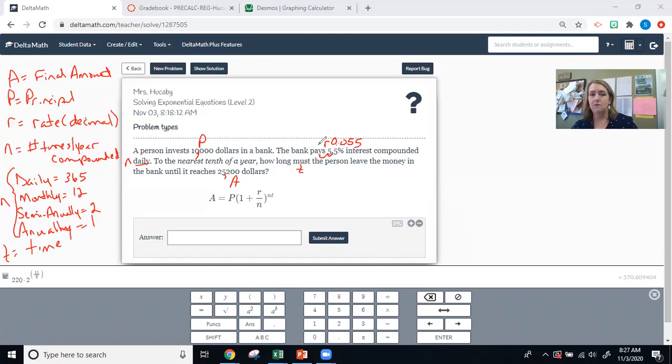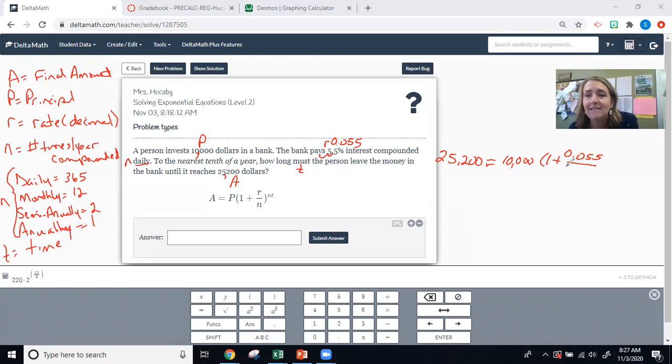So let's plug this into the formula. A is 25,200. That is going to equal my principal, 10,000, times 1 plus my rate, remember, always put that in decimal, 0.055, over the number of times.